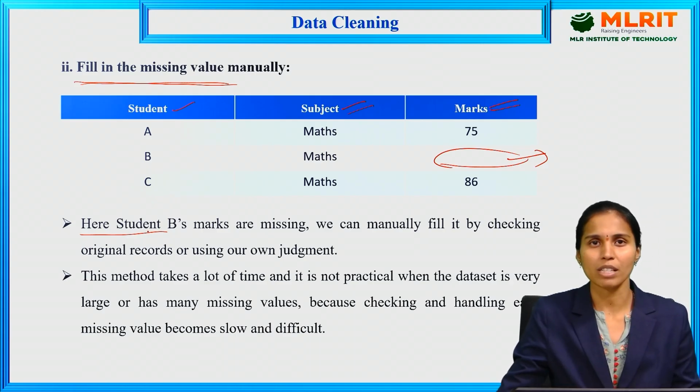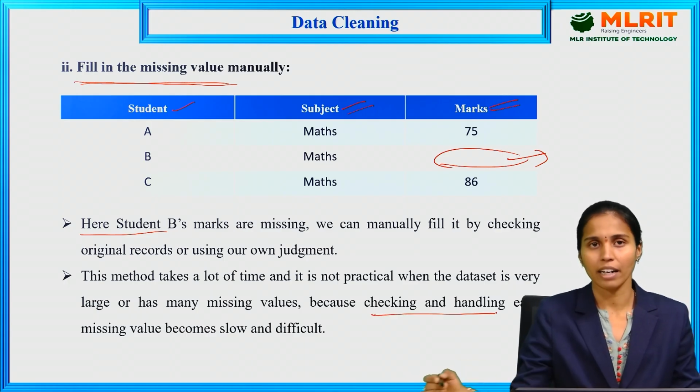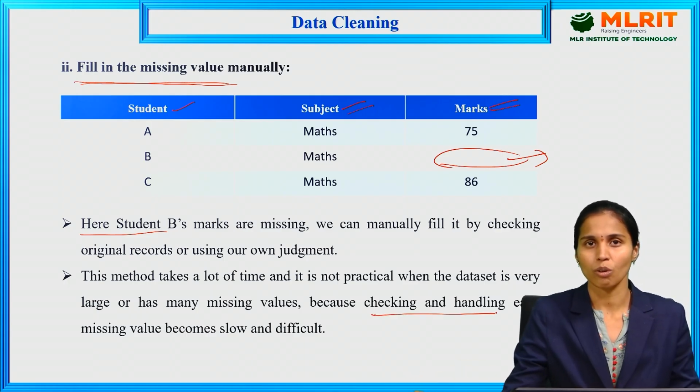Here student B's marks are missing. We can manually fill it by checking original records or using our own judgment. This method takes a lot of time and it is not practical when the data set is very large or has many missing values, because checking and handling each missing value becomes slow and difficult.